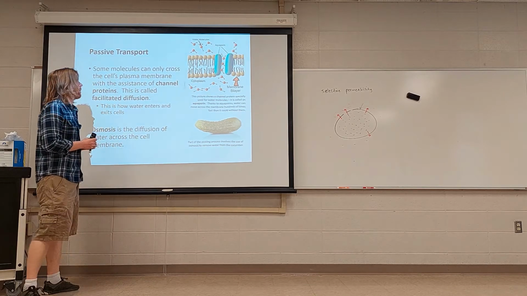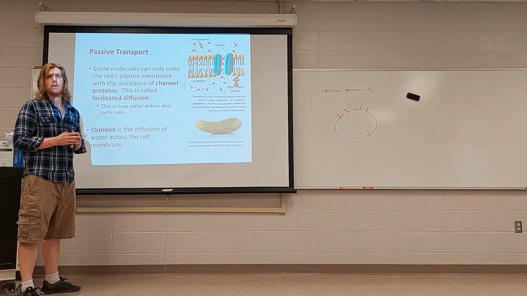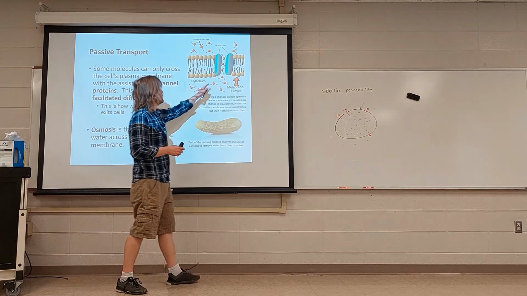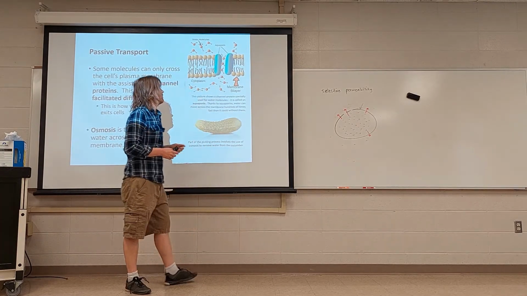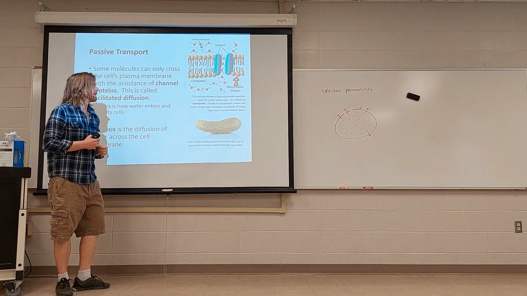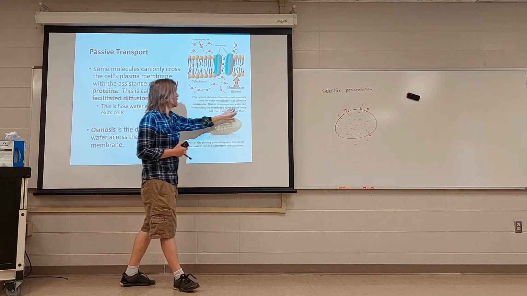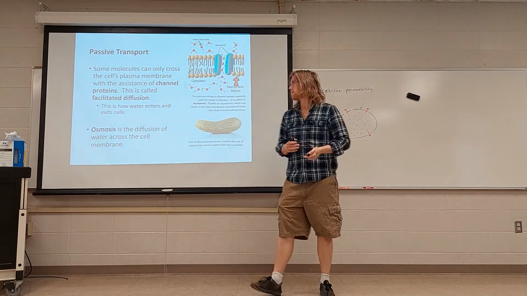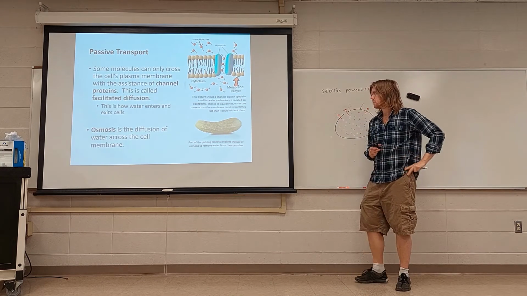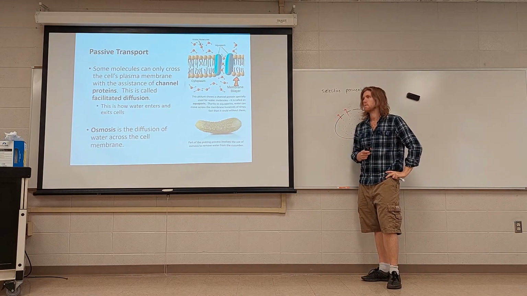And so aquaporins allow water to move across the membrane through a channel protein so they can move much more efficiently. In fact, it causes water to move hundreds of times more quickly than it could without them.